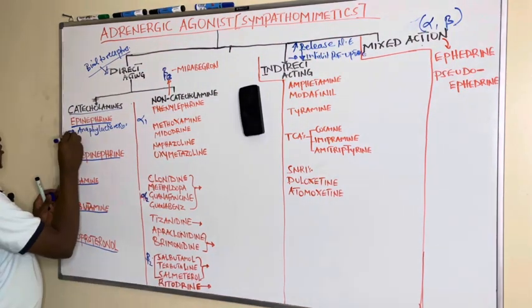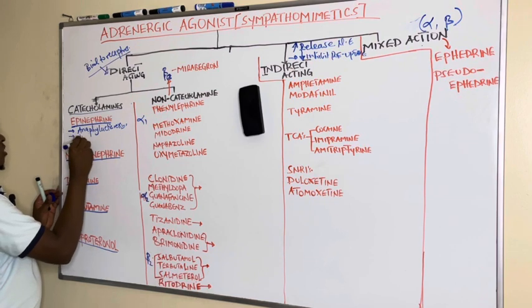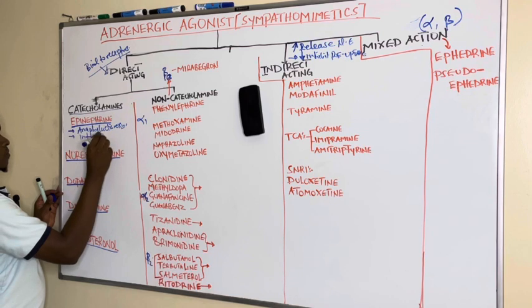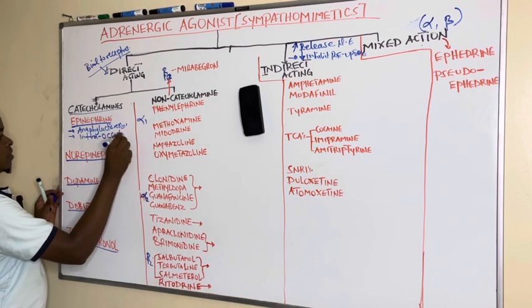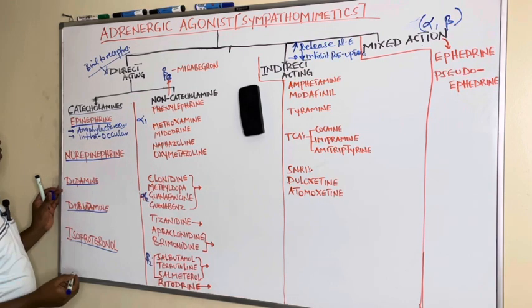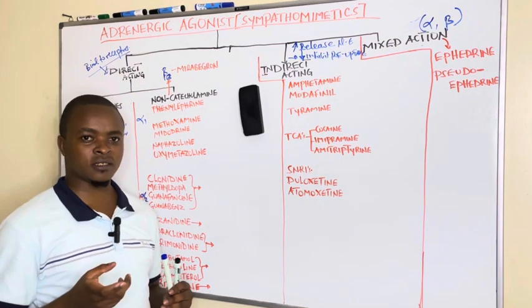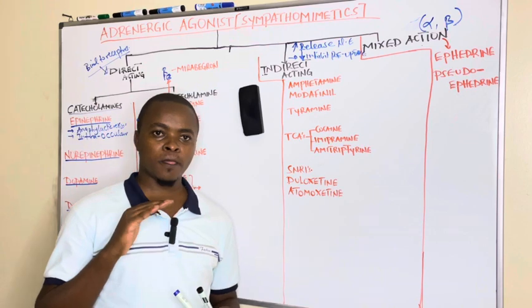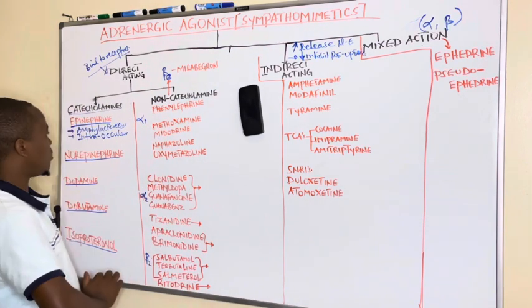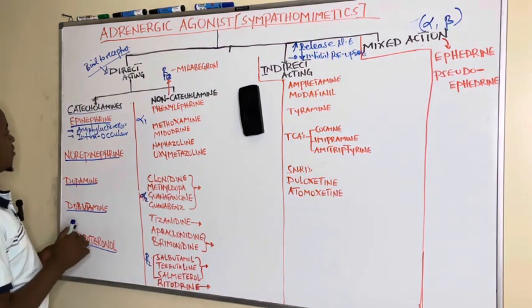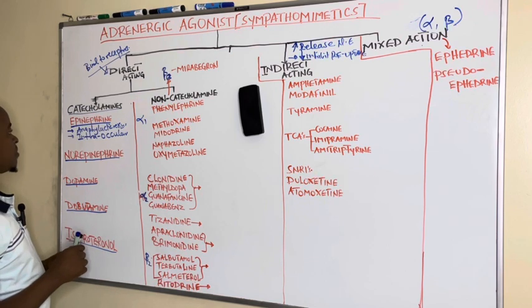It is also used in relieving intraocular pressure when they are going to do surgery, because it is mydriatic, by acting on alpha 2, alpha 1 and beta 2 receptors.